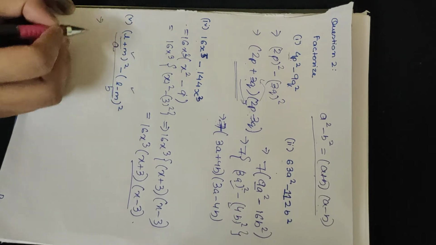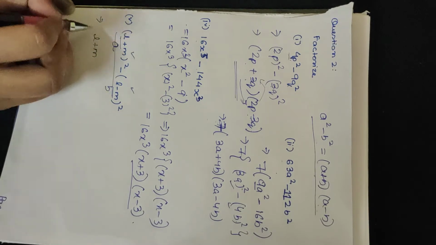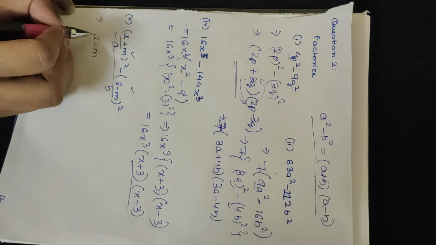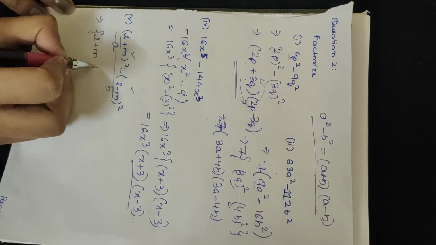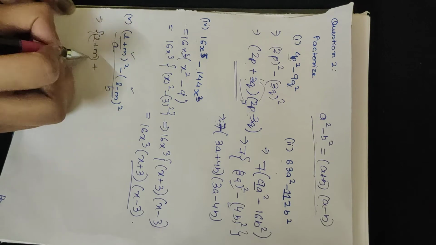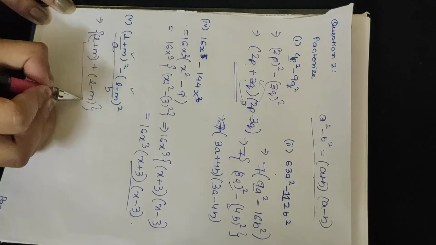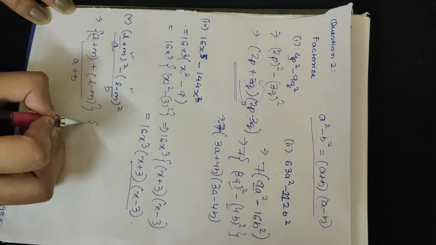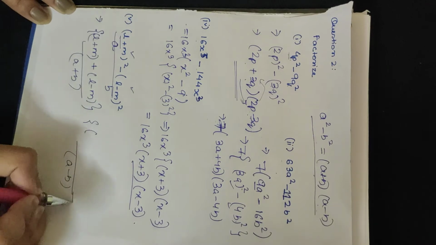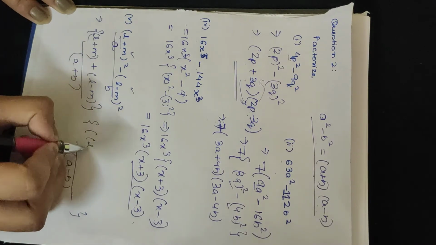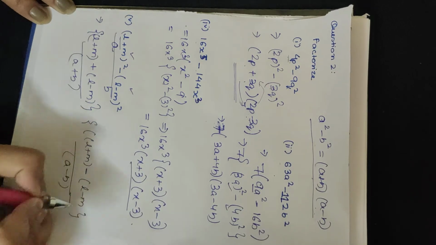So L plus m whole square is equal to a plus b. So a plus b is equal to this plus L minus m, this is our a plus b, and a minus b is equal to L plus m minus of L minus m.